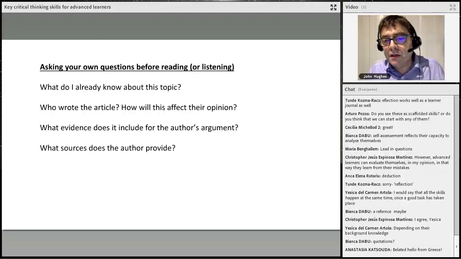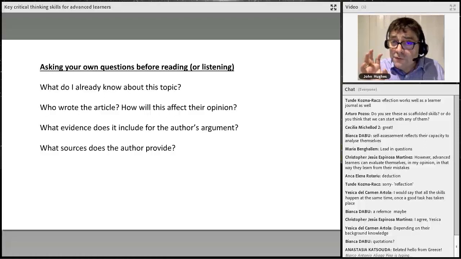And I'm looking for the kinds of sources that they're providing to support their evidence. This is particularly important if you're teaching advanced learners who are going to go on to university and do their studies in English. Academic English, it's particularly helpful for, but also English for work.